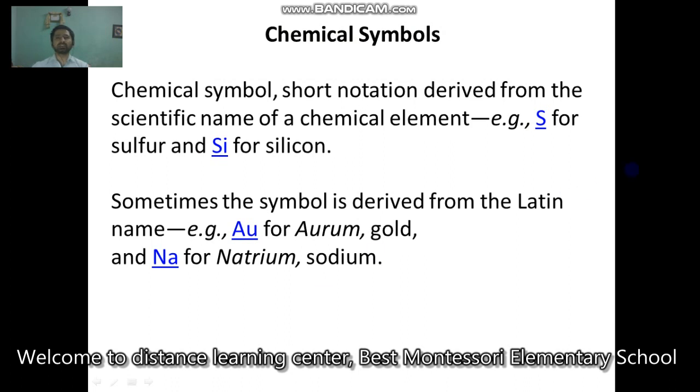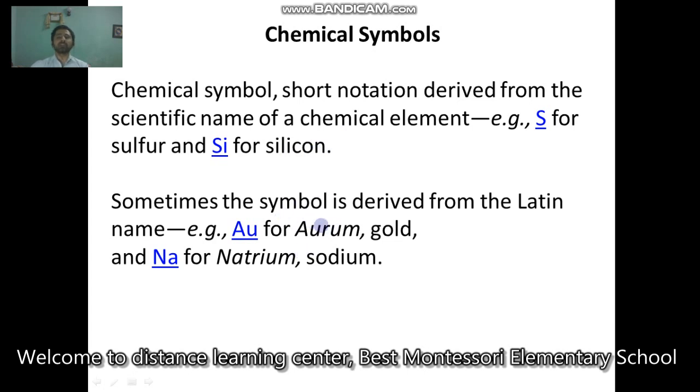For example, S represents sulfur, and for silicon it is Si, because we generally use the first letter for writing a chemical symbol, and since it cannot be repeated, if we used only S for both silicon and sulfur, we would be confused about which S is for sulfur and which is for silicon. That's why S for sulfur and Si for silicon, using the first two letters of the name of the element.